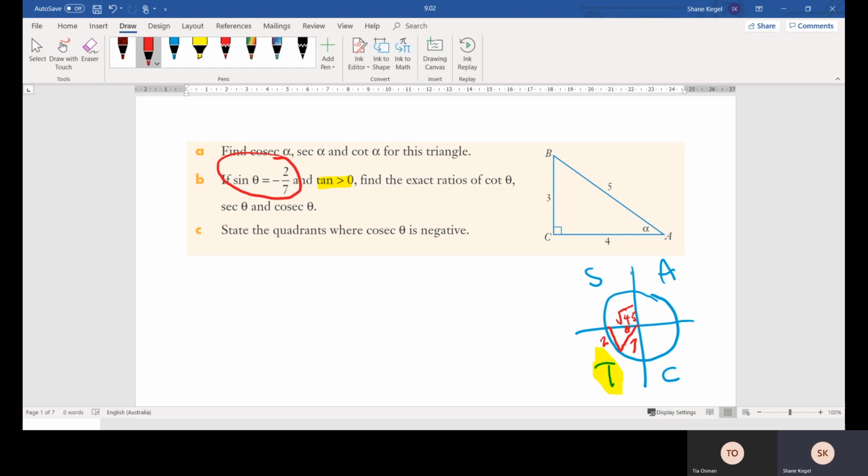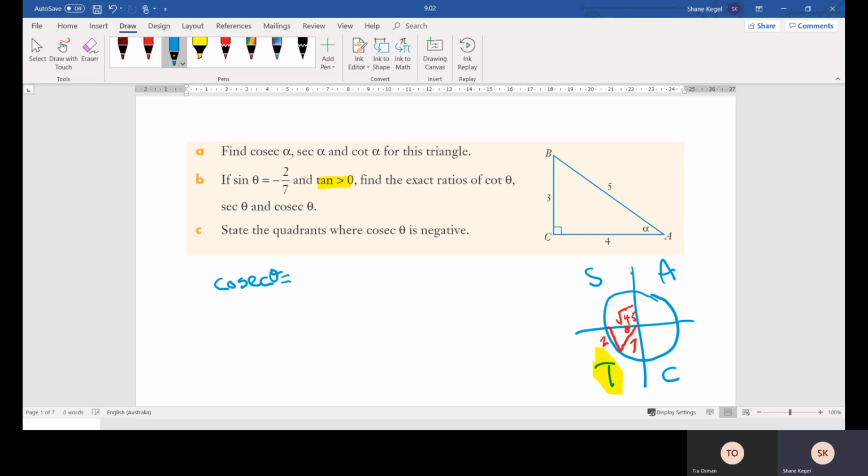Now I'm asked to find cot, sec, and cosec. To avoid confusing myself, I usually do it in order: cosec, sec, and then cot, until you get comfortable understanding that cosec is your inverse sine ratio, sec is your inverse cos, and cot is your inverse tan. So let's do it in order.